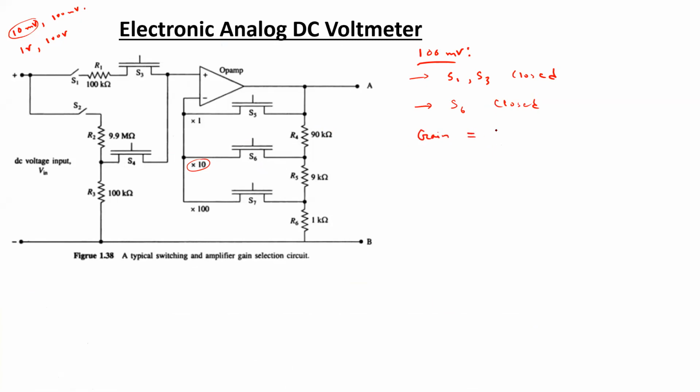It would be 1 plus Rf by Ri, so 1 plus 90k, which is Rf in this case, and Ri is the summation of these two resistances, that is 10k. So eventually we'll have 1 plus 9 equals 10. This would be the gain in case of 100 millivolts, and eventually at the output side we are again going to end up with 1 volt.